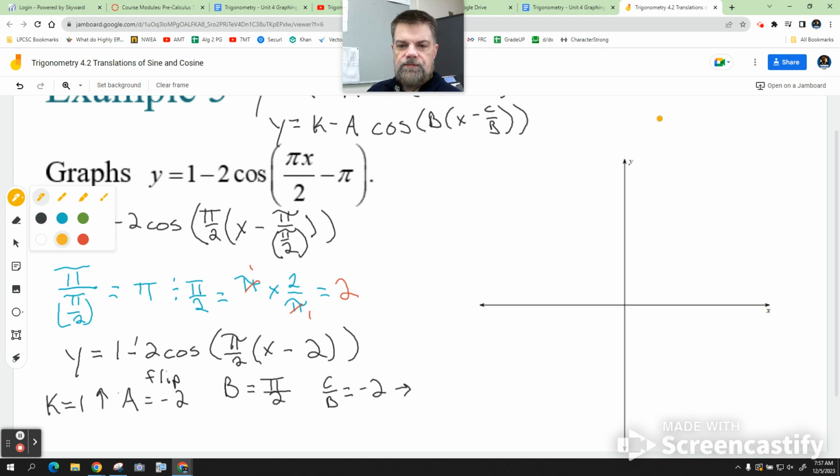So I know that my amplitude is going to be 2. Normally, if I have 1 and 2 and somewhere up here is 3, I would draw a dotted line here at 2, and then down here at negative 2, that would be where my graph would live. But because k is 1, I'm going to shift it up 1. So my function will live between 3 and negative 1.